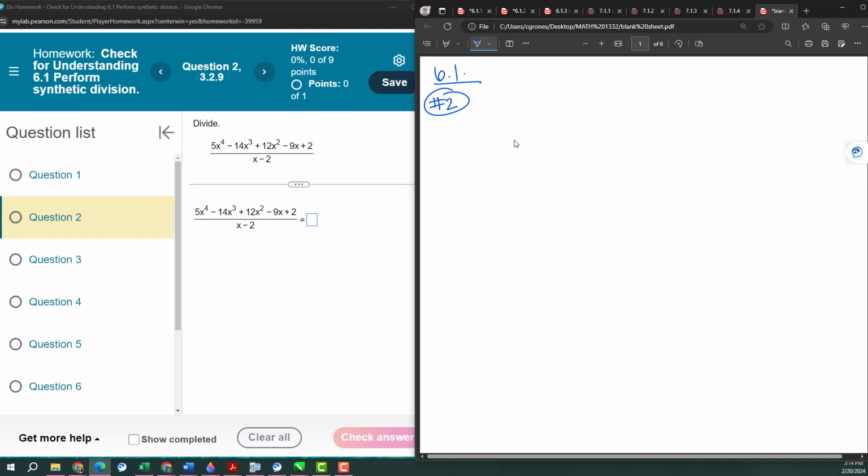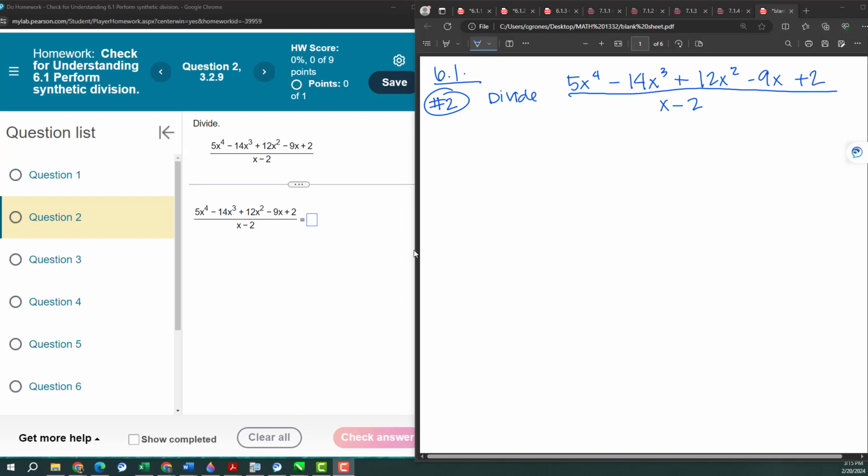And we are going to divide 5x to the 4th minus 14x cubed plus 12x squared minus 9x plus 2 divided by x minus 2.